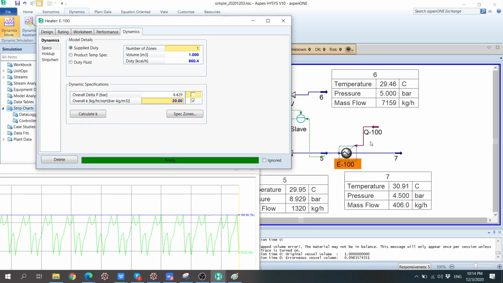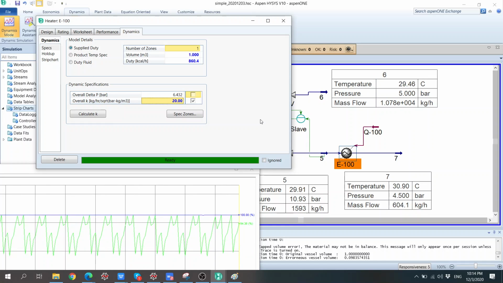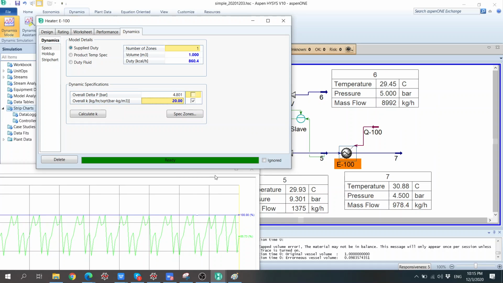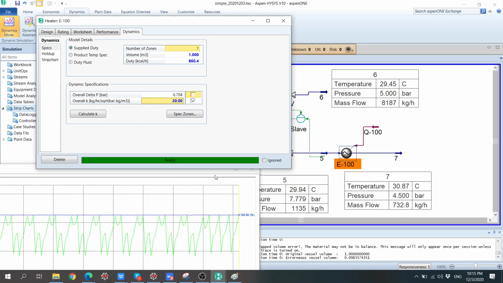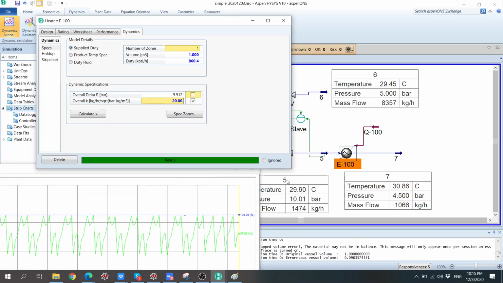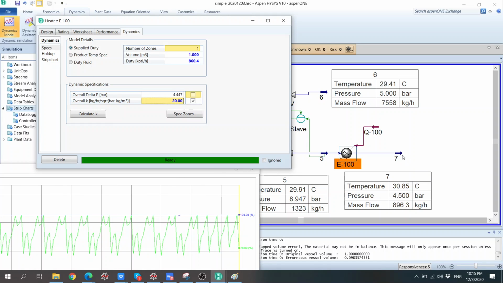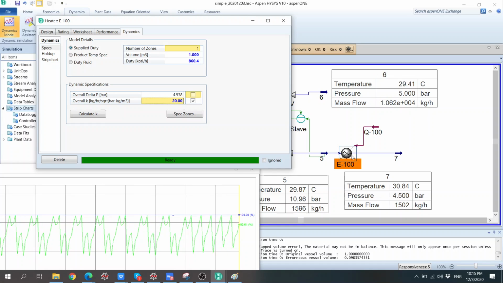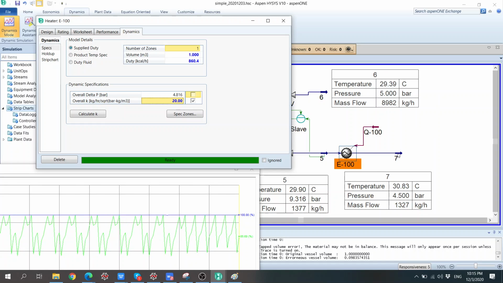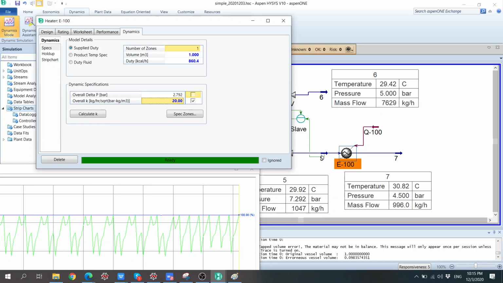So what is K again? How does it affect the flow? We specify pressure here, and then there is a K value here. So depending on the pressure over here, it will calculate for us the required pressure here.